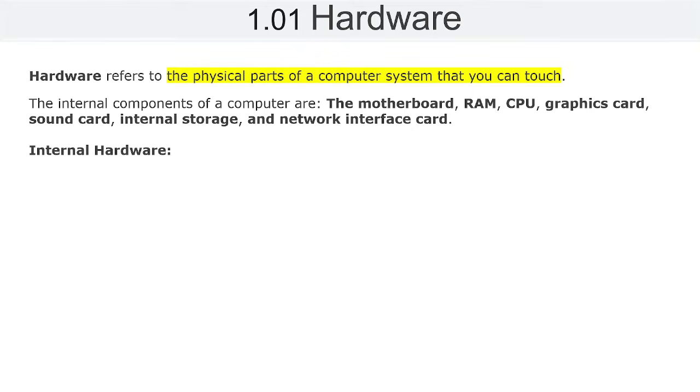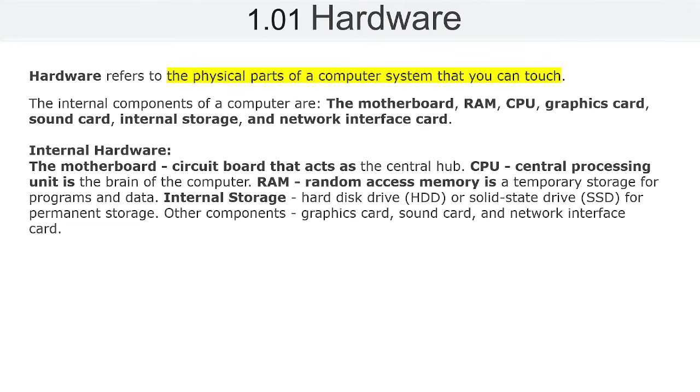Now, for the internal hardware, we have the motherboard, which is a circuit board that acts as a central hub. In other words, it holds all the other components that make up the computer system. The central processing unit is the brain of the computer. And we have the RAM, also known as the random access memory.